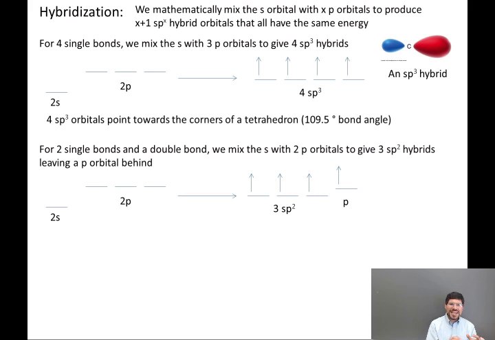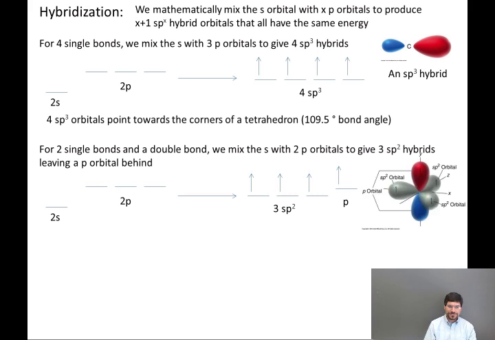And we're going to leave a p orbital behind that is not part of the hybrid system. Okay, so once again, the s orbital and the 3 p orbitals get converted into 3 sp2s. They have energies in between that of an s and a p, and then 1 p orbital that is unhybridized.